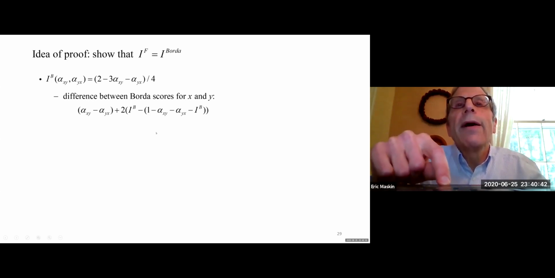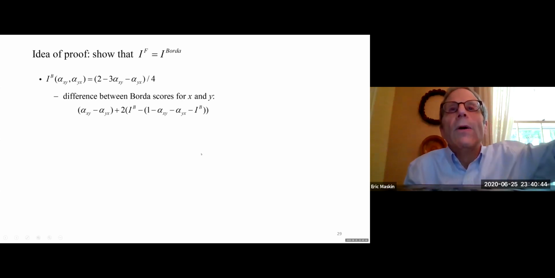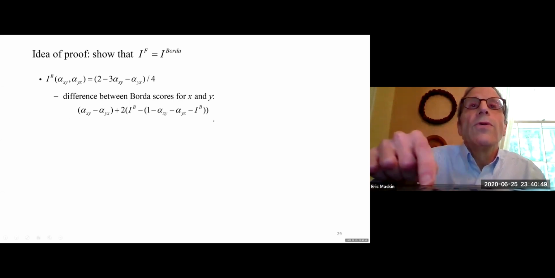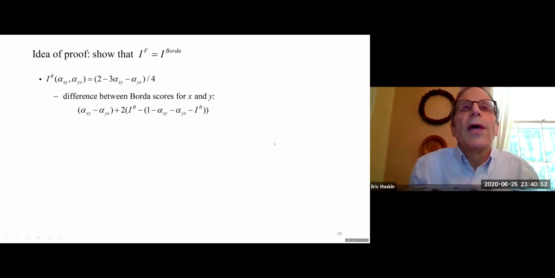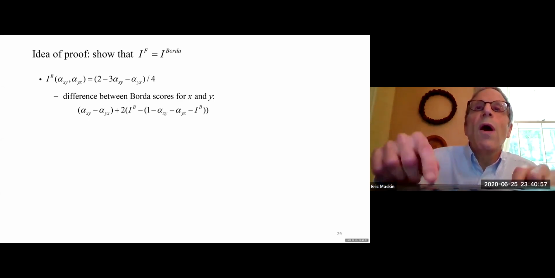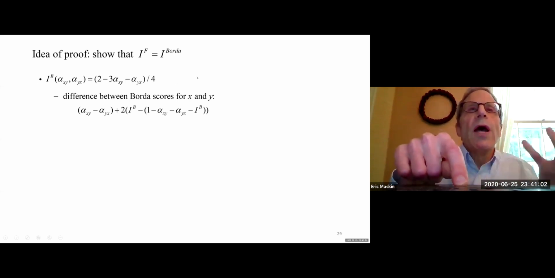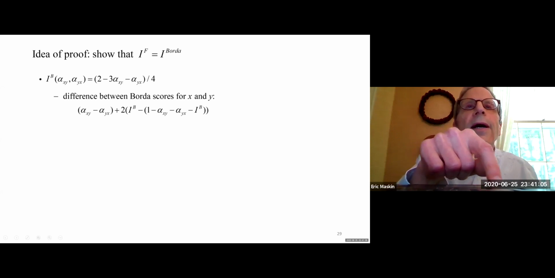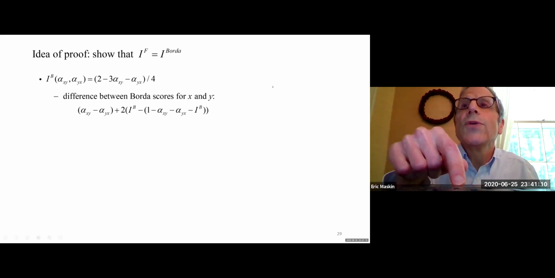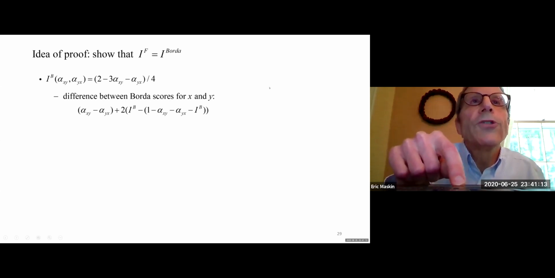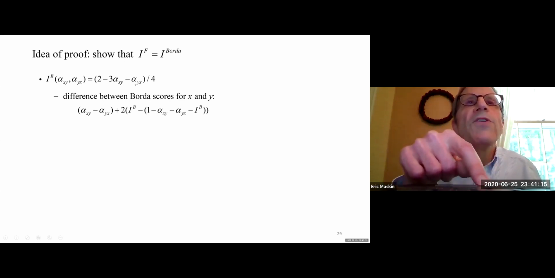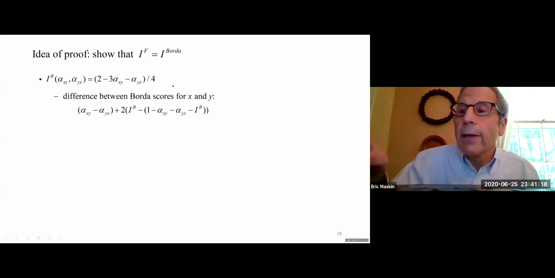This is the fraction corresponding to people who rank Y above Z above X. So this total expression is the difference between the Borda scores for X and Y. We can now solve for IB, and we just get this expression here. So our proof will simply consist in showing that if F satisfies the 5 conditions, it has an indifference curve that looks like that.